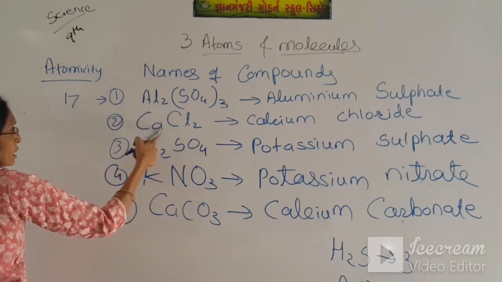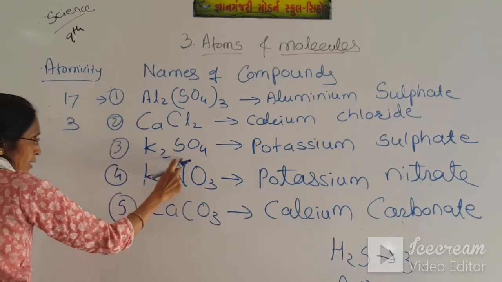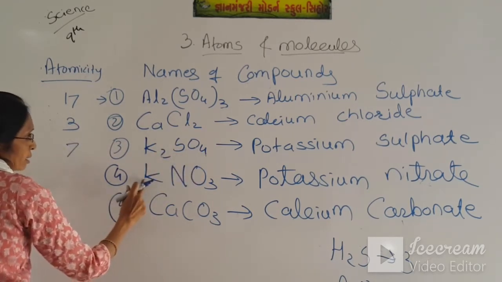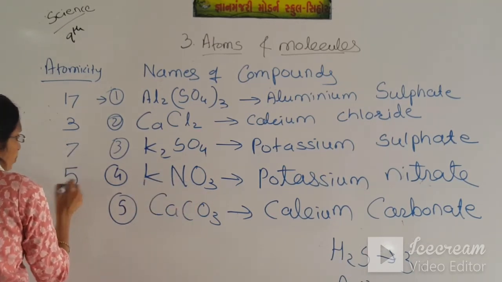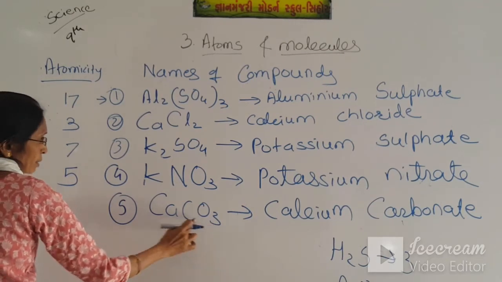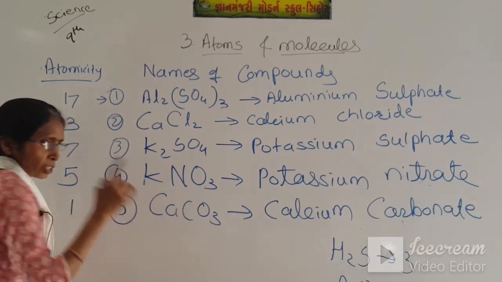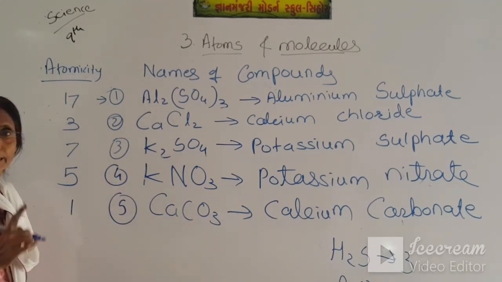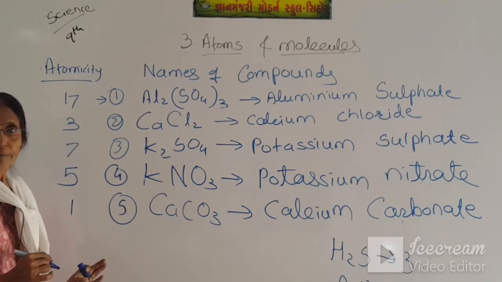Here 2 plus 1, 3 is there. 2 plus 1 plus 4, so 7 is there. 1 plus 1 plus 3, 5. And here again 3 plus 1 plus 1, because calcium is just one element and it is representing only one atom. So these are the atomicity of the given compounds.